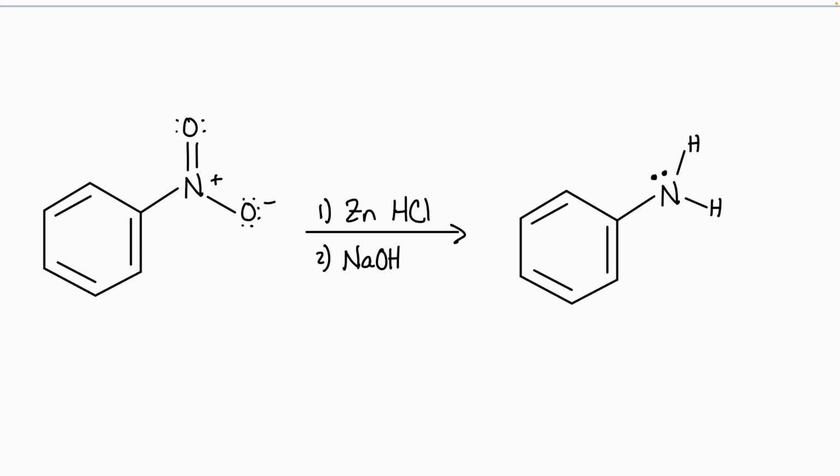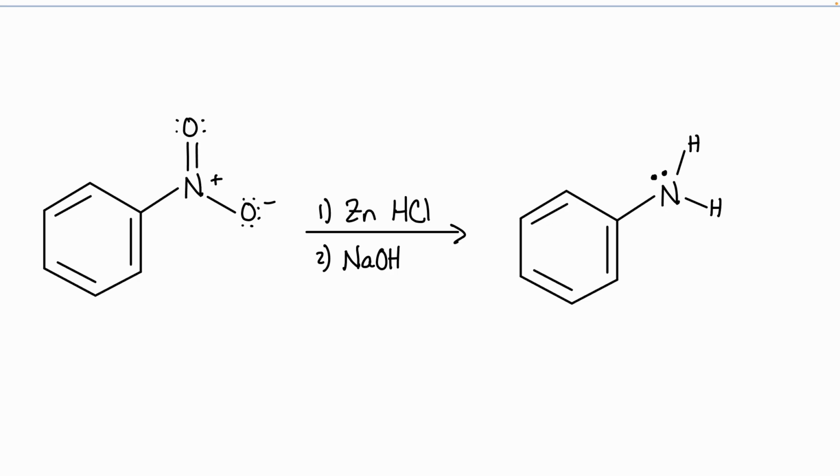Zinc is a metal that is particularly good at donating electrons, and that is what's happening in this reaction, but that's about the extent of what we're going to say about it. Magic, all right? How does zinc and HCl do it? Again, magic. Trial and error, that's how they know.